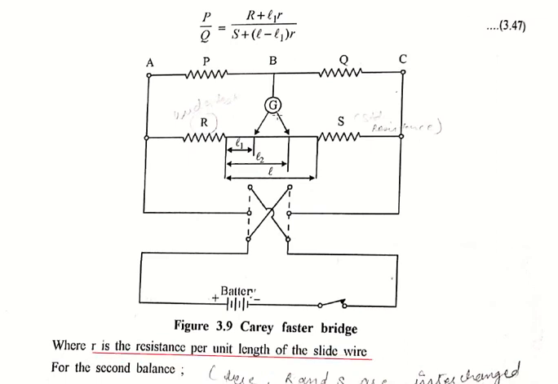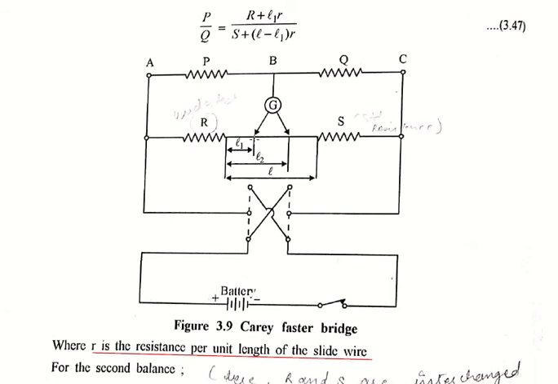Now we will adjust the contact wire for bridge balance in two cases. In the first case, we slide the wire from the left hand side and the balance point is obtained at L1, suppose.